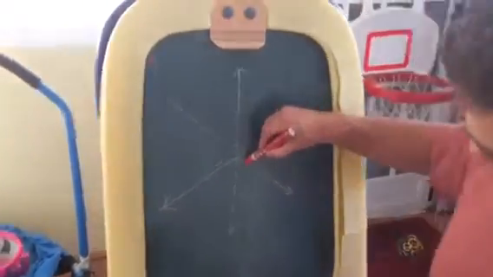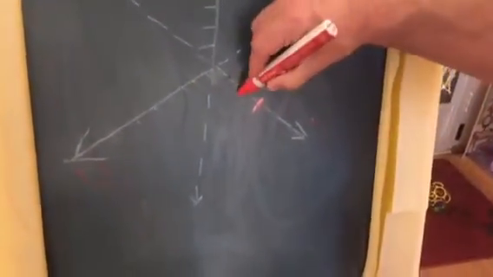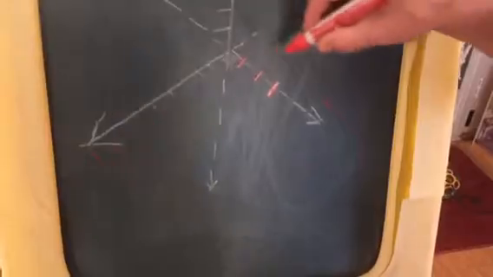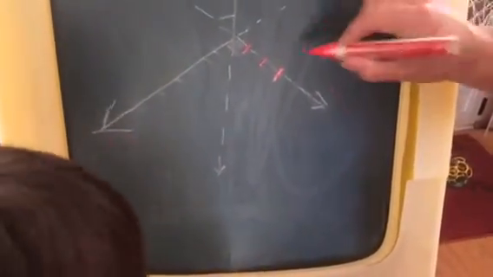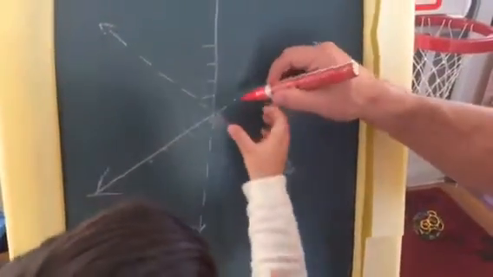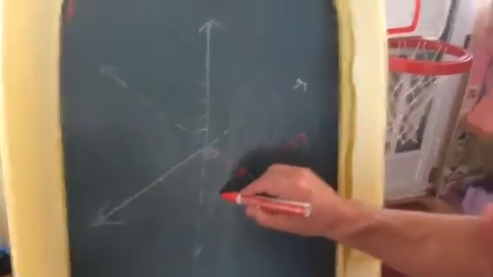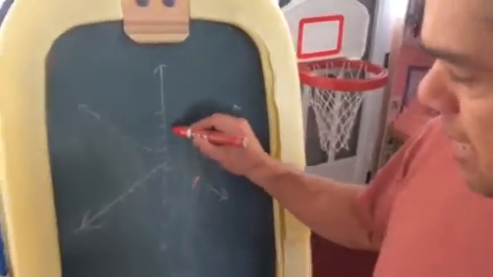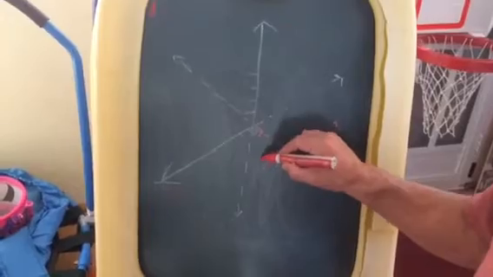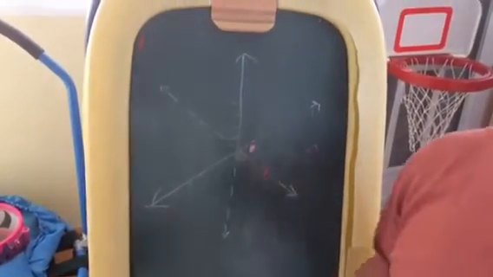Go 1, 2, 3 in the x direction. So that's when x is 3. So if I go 3, I'm going to go 2 in the y direction. 1, 2 in the y direction. And if I go in the z direction, I'm going to go up. So I can count how many units I go up in the z direction. So I'm going to graph a point in space. That point is out in space.